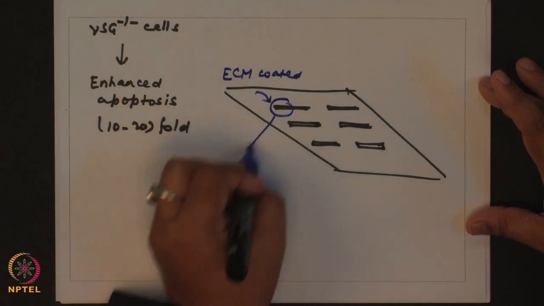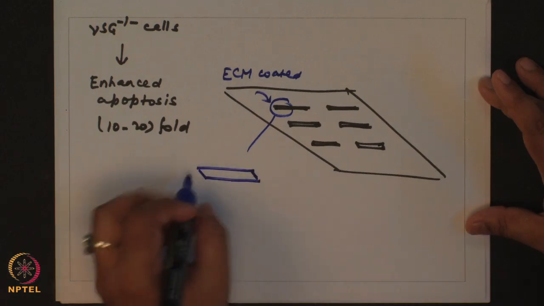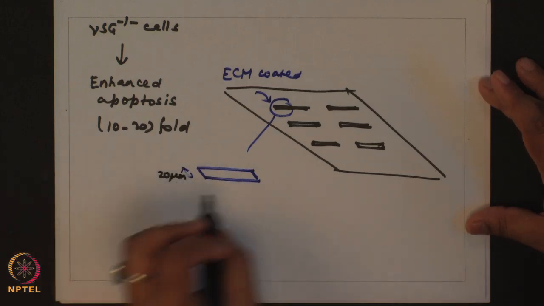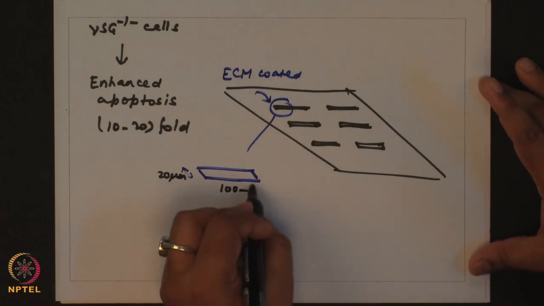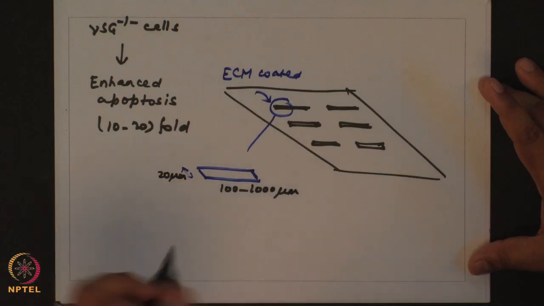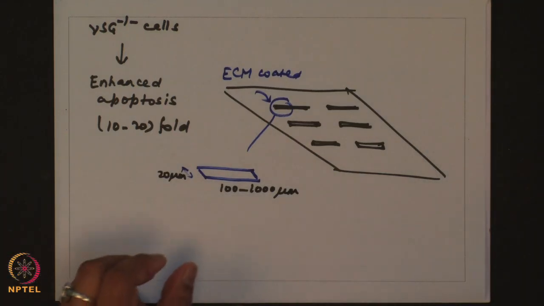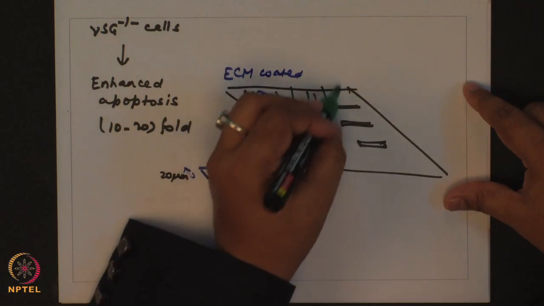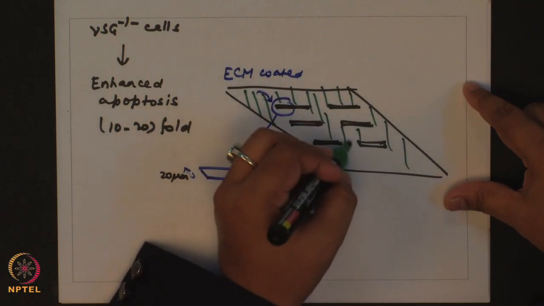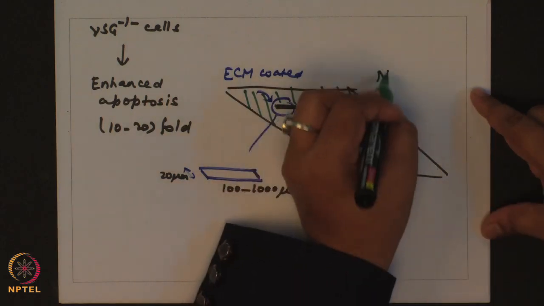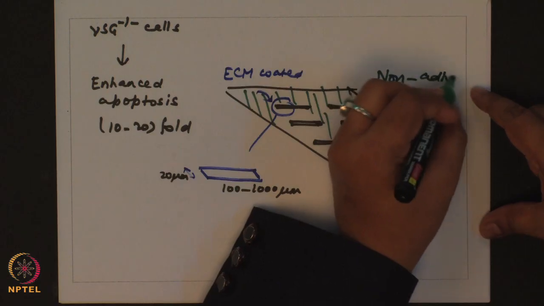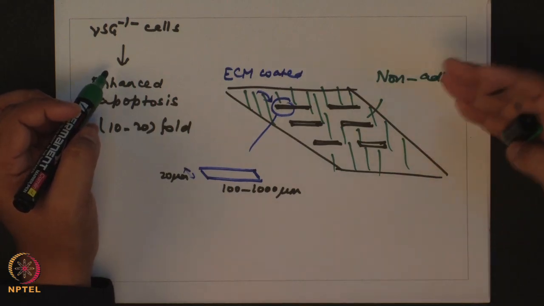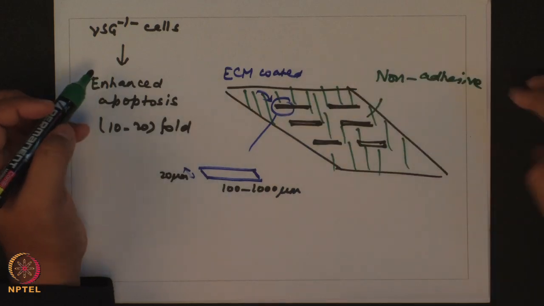If you zoom in, you will get these islands which are roughly 20 microns in width and 100 to 1000 microns in length. And the remaining area outside is non-adhesive. Later in lectures I will show you how you can make use of microfabrication to generate these structures.